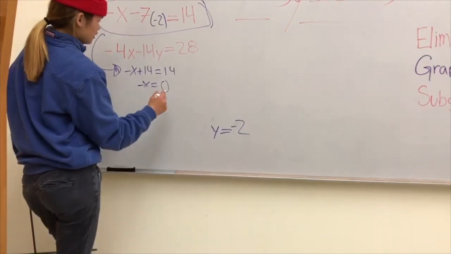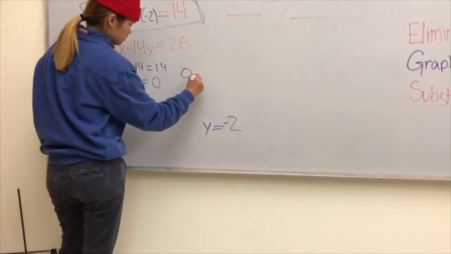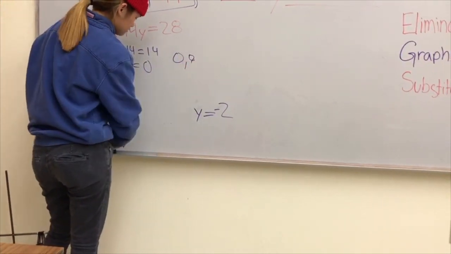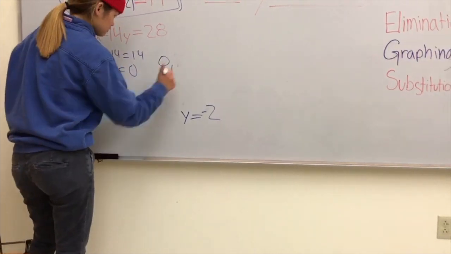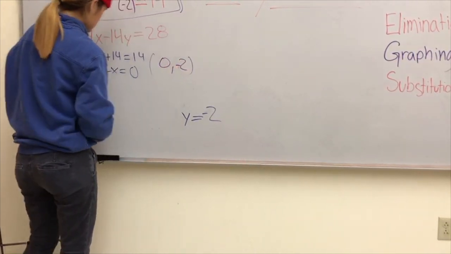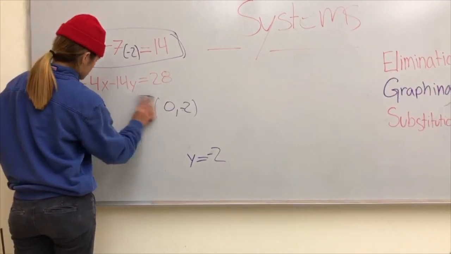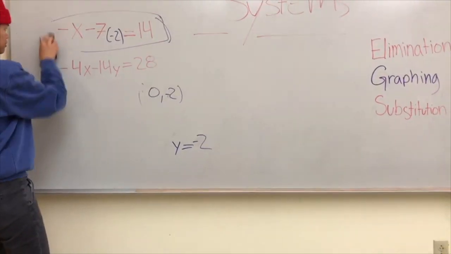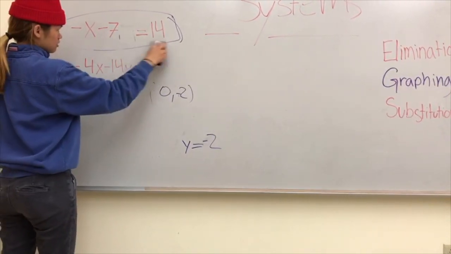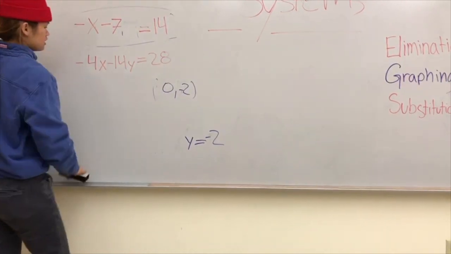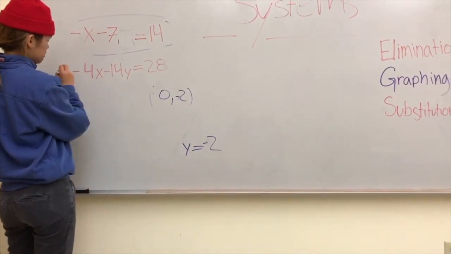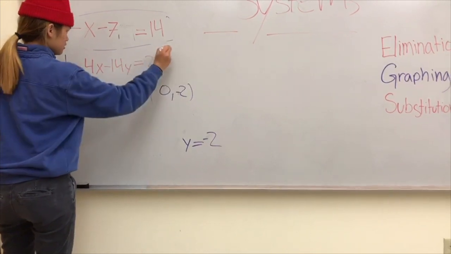So now I figured out the solution to the system, which is 0 and -2. But to make sure it's correct, I can go back up to my original equations and plug it in. So I'll just do this problem because I didn't do it earlier, this one here.